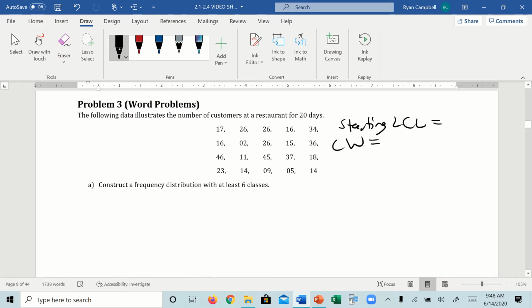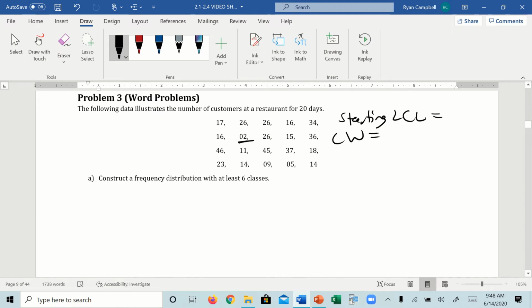So we see that 2 is the smallest number. So we can use 2. We can also use something else. I might actually suggest that you do your own and just see if it works, because you don't have to do the same thing as mine. These results very well will vary. So we just need something at most 2, right?